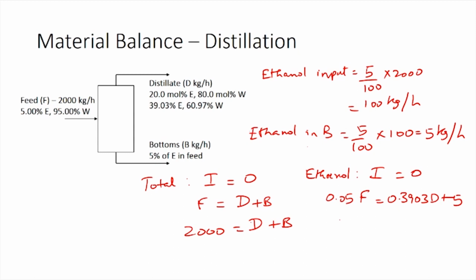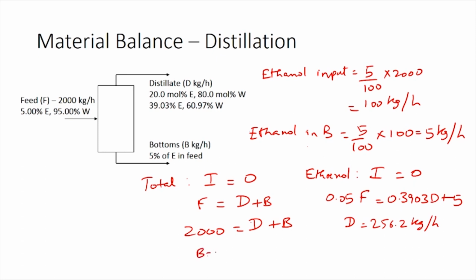So, from here we can calculate D as 256.2 kilograms per hour. So, the distillate which is leaving the system is equal to 256.2 kilograms per hour.